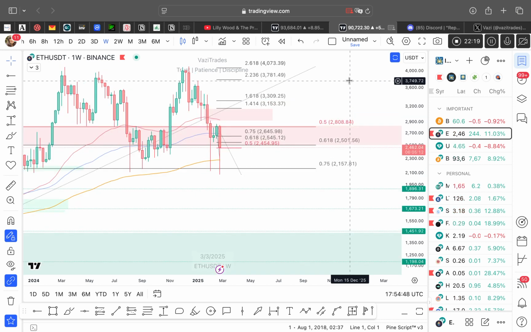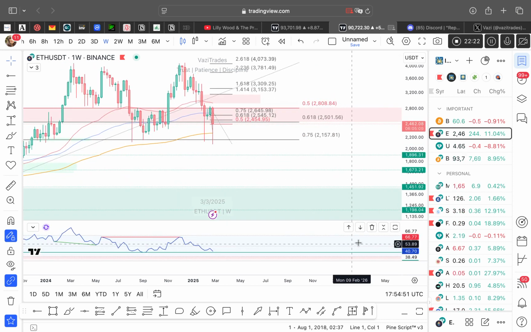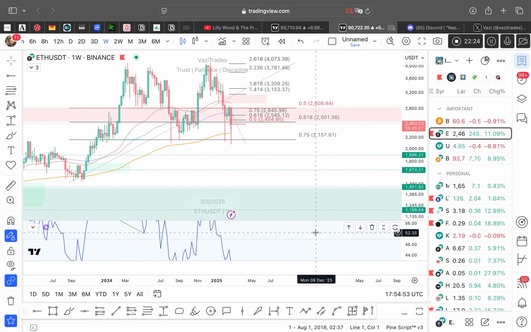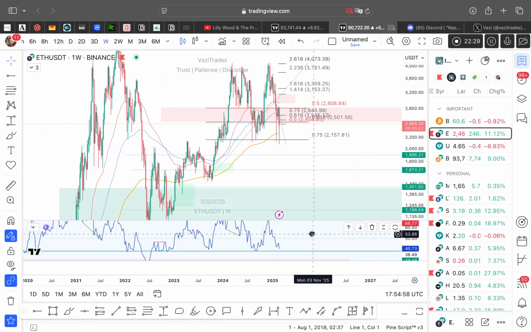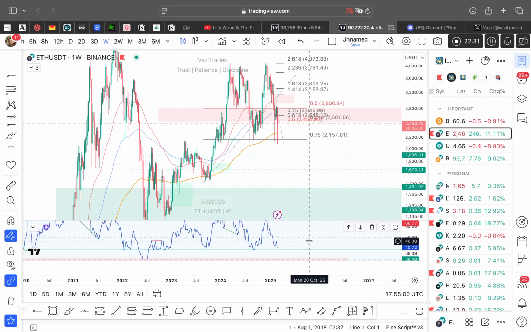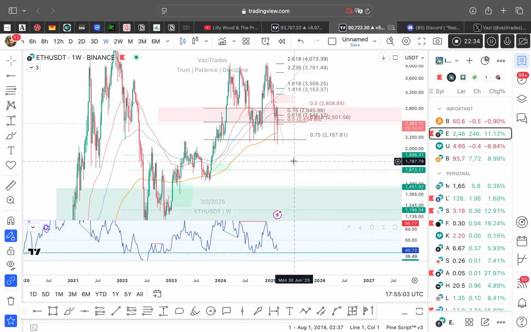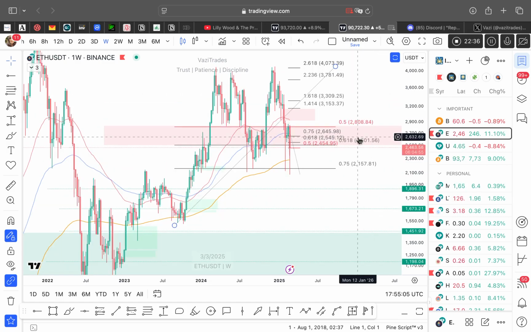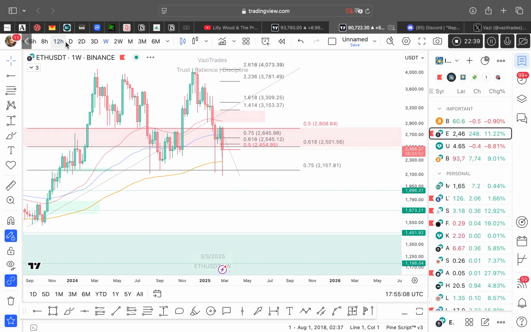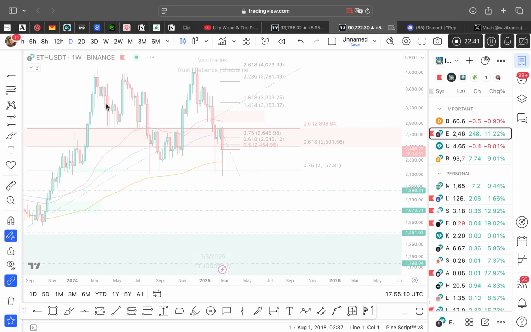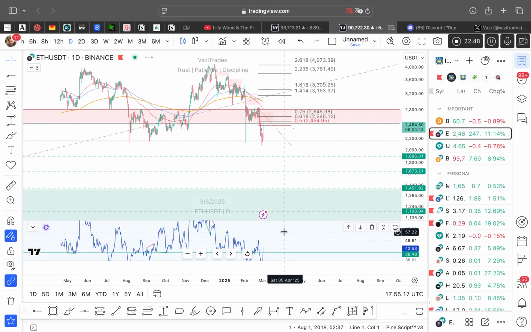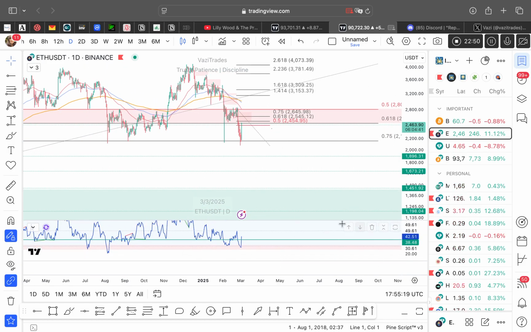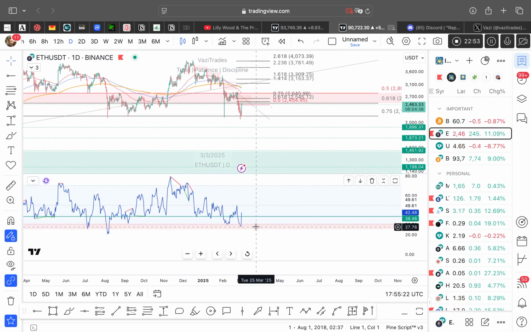Weekly. Yeah, another thing is, look, even though we see this crazy pump, Ethereum on RSI is still below 50. So yeah, let's go to daily to explain to you more what we may expect on the lower time frame. So yeah, this pump is nice, beautiful. Still, it is below the 50 RSI.